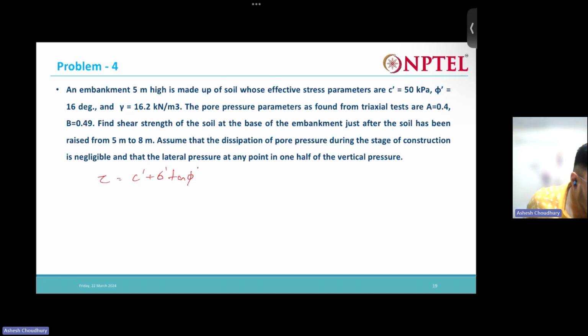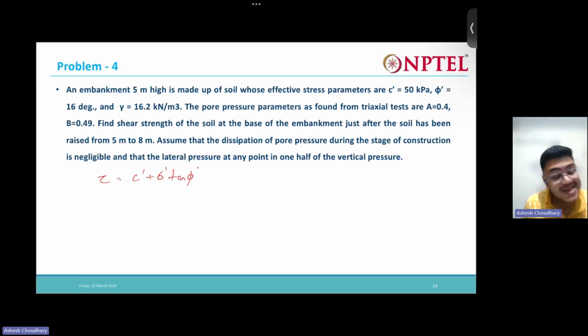Now before that there are some things that we need to see. First thing, there is the play of pore pressure here. It is written here, the pore pressure parameters are given, and also you can see, assume that the dissipation of pore pressure during the stage of construction is negligible. That means there is no dissipation of pore water pressure. Pore water pressure exists.